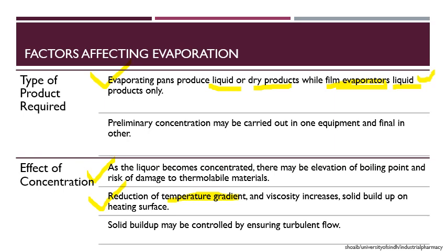As a result, the viscosity will also be increasing. And as we are boiling the material, there will be solid buildup onto the sides and the surface of the pan. So these things will be reducing the distribution of the temperature, and we have to provide more and more temperature.